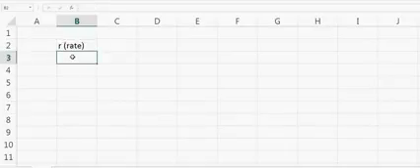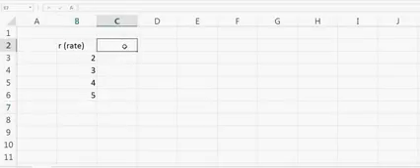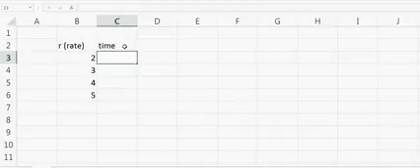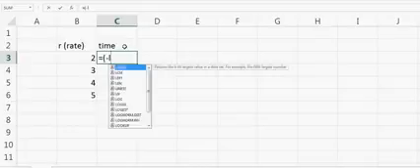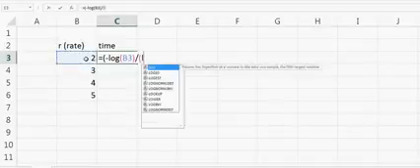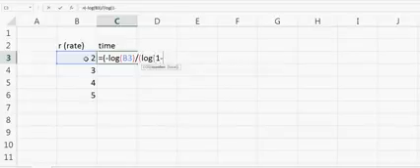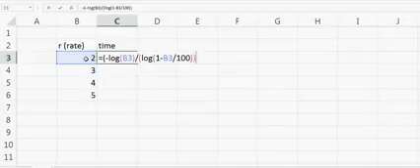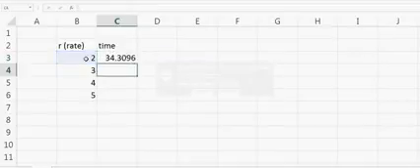So that's equal to 2, 3, 4, 5, and we have different inflation rates, and this is our time. So time for your money to become half will be equal to minus log of 2 divided by log of 1 minus R. So I'm dividing the rate by 100 because it's in percentage, and that's your time.